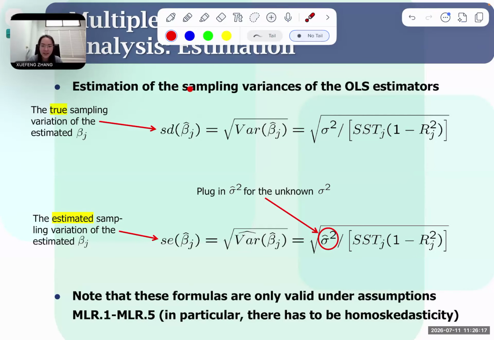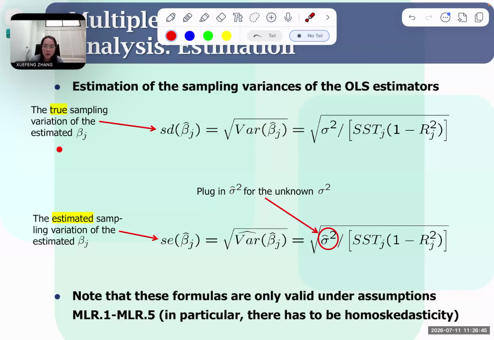We're gonna connect everything together into something we actually compute: the estimation of the sampling variance of OLS estimates, okay? So here, SD is the true sampling variation of the estimated beta j. So we just square root the variance of beta j hat, right? Okay, square root this formula.